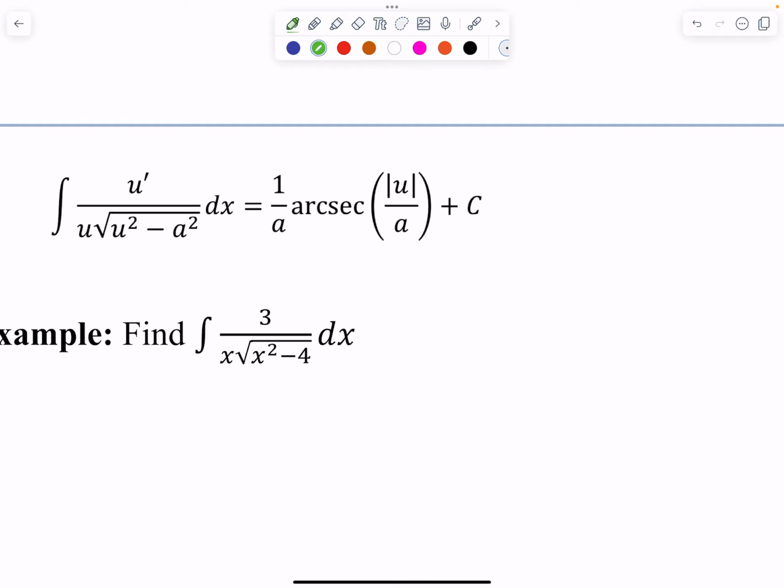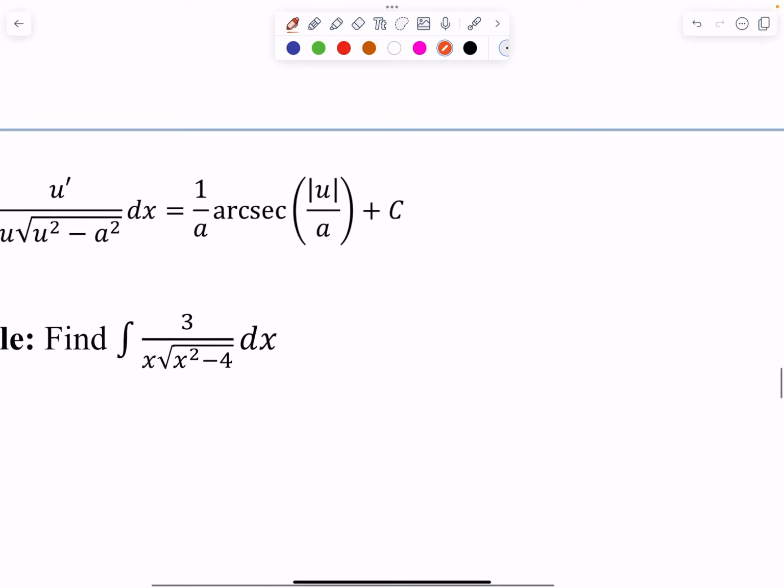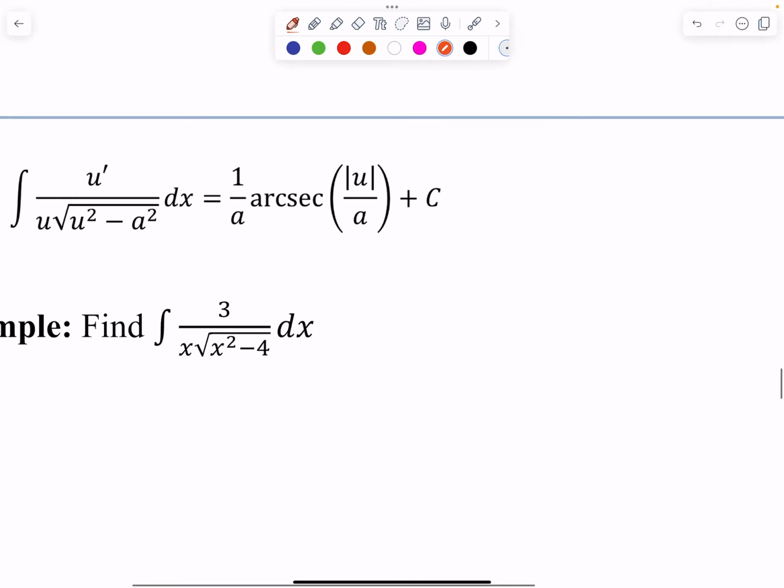Okay, so what I'm seeing in here to apply this formula is that we would be thinking about, here, I'll put the u up here. So we would be thinking about u as being x, so that means that u prime is 1. And then we would be thinking about a as being 2.